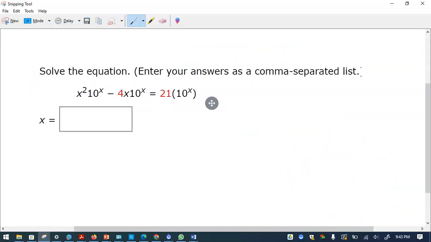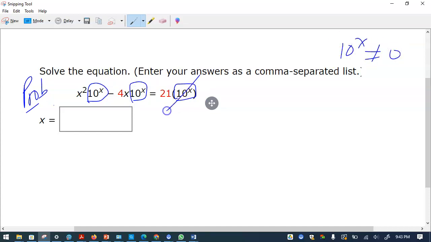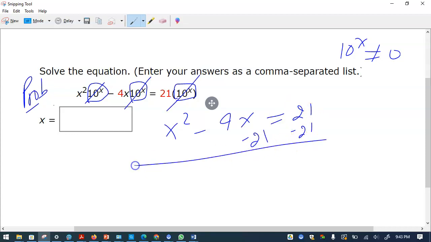Problem number 6 is very tricky. There's a 10 raised to x multiplied. This is a factor for everyone, and 10 raised to x is never equal to 0, so we can always divide and throw it away and you just get this one. And you subtract 21 from both sides to get a quadratic, and you get x squared minus 4x minus 21 equals 0.